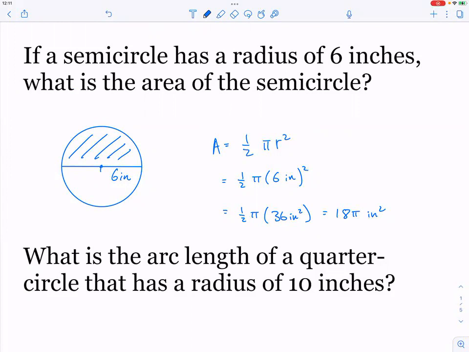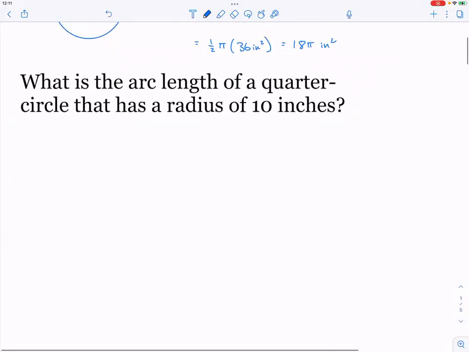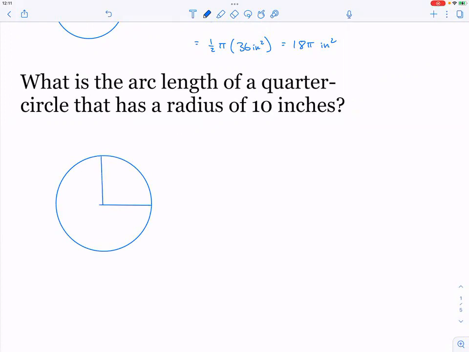Okay? All right. What's the arc length of a quarter circle that has a radius of 10 inches? So how would you handle this? You have a quarter circle, and that's a right angle.